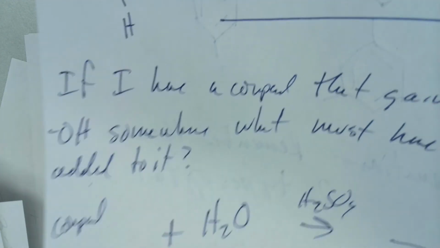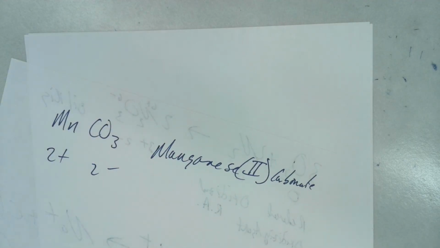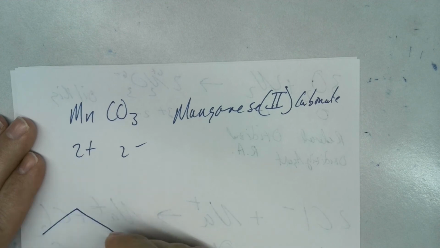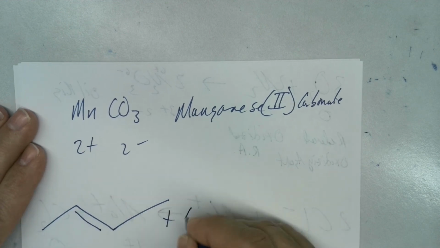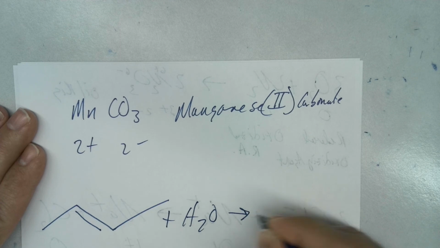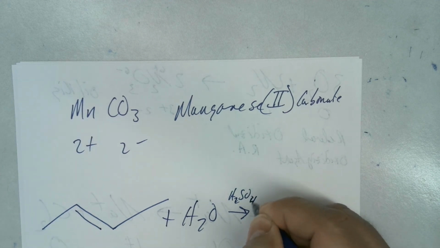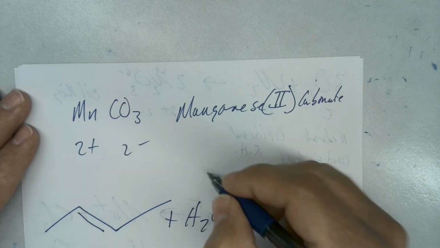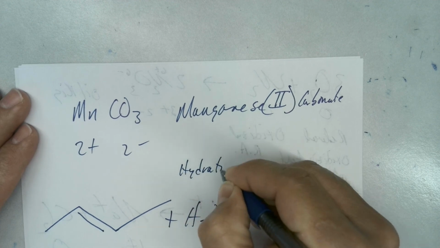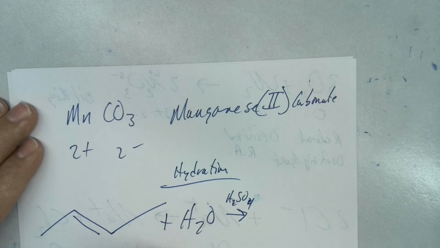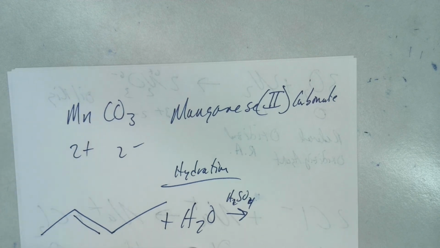Here, let me show you. This is where my H2SO4 goes because it requires a catalyst. This would be an example of hydration because I'm adding water to it. So I've got 2-butene, and I'm going to add water to that.